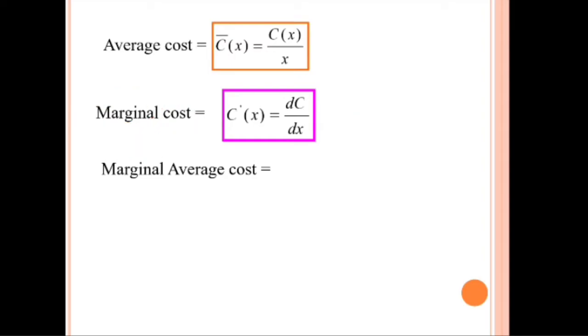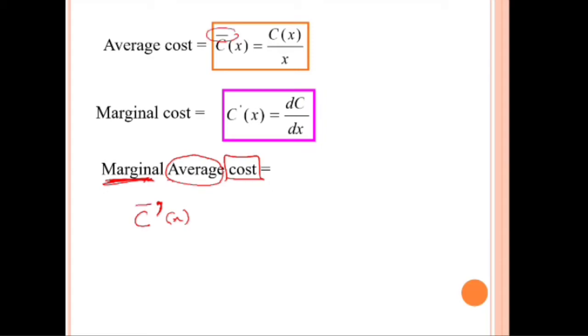What about marginal average cost? You see the word marginal, so of course we need the prime, or the first differentiation. And what is the function that we have to differentiate? It's the cost function. So first we write C(x) that we have to differentiate, and write that prime on top of that C. Then we see the word average. Average here refers to that bar.